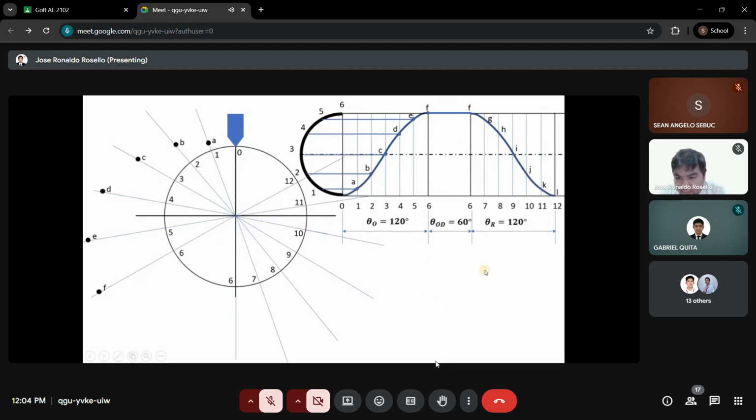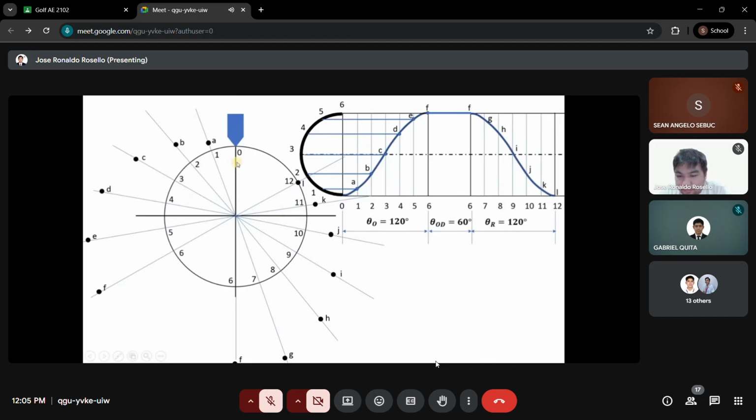Similarly, this 6F will be drawn on the return stroke lines also. So all these particular points are drawn. So it is 6F, then 7G, 8H. All these distances are transferred over here on the corresponding lines.